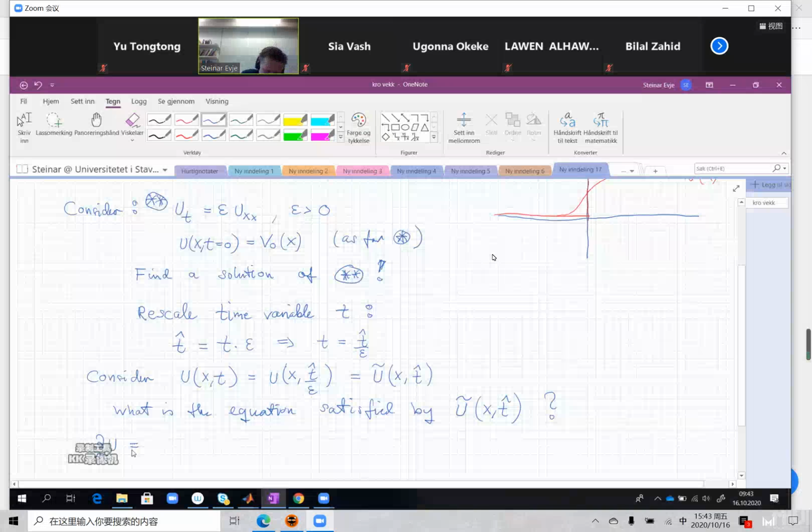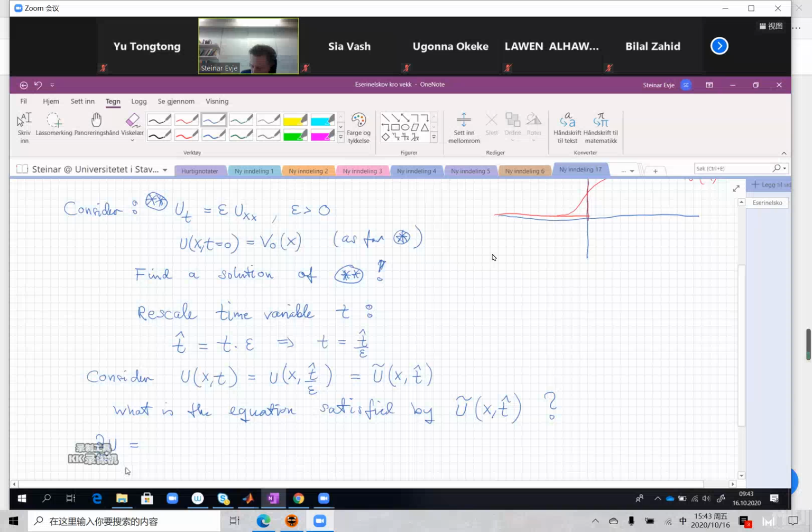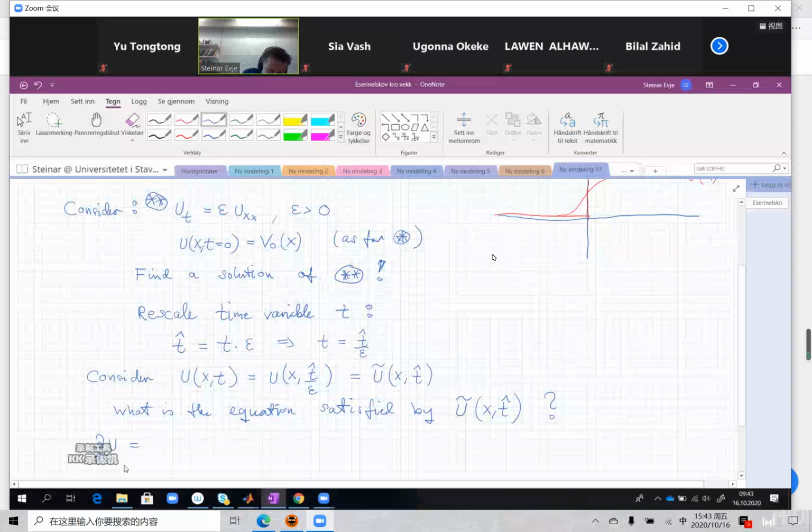So the time derivative of u with respect to t, or let me do it slightly different. We are looking for an equation for u tilde with respect to t hat.